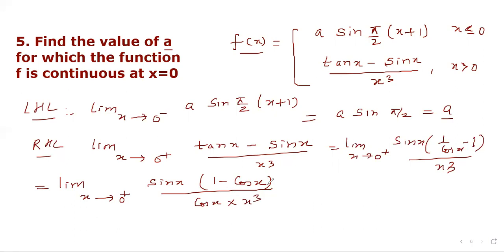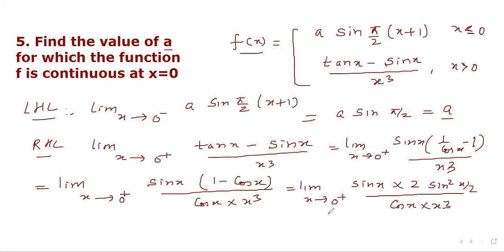And 1 minus cos x can be written as 2 sine square x by 2. So limit x tends to 0 plus sine x times 2 sine square x by 2 divided by cos x times x cube.